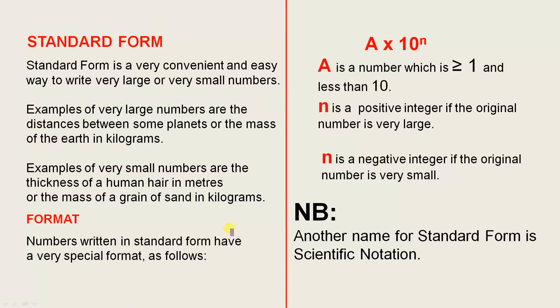Let's look at the format for standard form. Numbers written in standard form have a very special format. The format in general terms is a times 10 to the power of n.